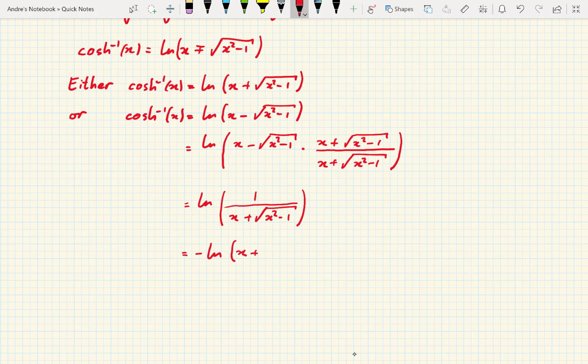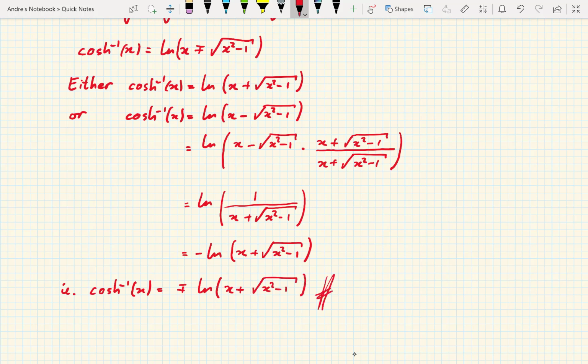Thus the two roots are actually plus or minus log x plus root x squared minus 1. Representing the results like this is nice because it's consistent with us knowing that cosh x is even. In any case, by convention, the positive root is taken as the principal value of the inverse function.